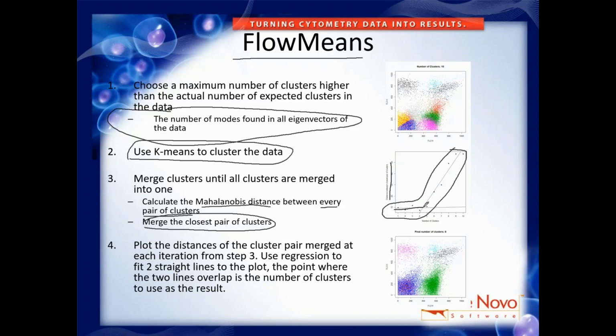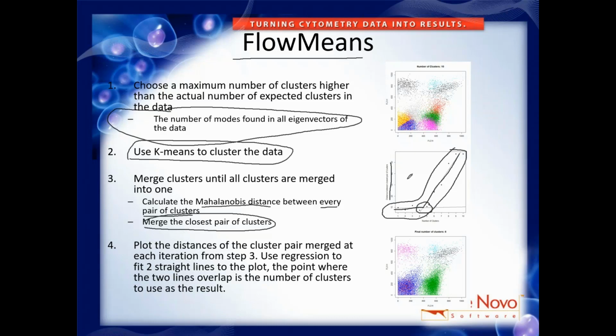And at some point, the idea is there's going to be an elbow, okay? And the number of final clusters, that is the quote unquote correct number of clusters, is somewhere at the elbow. All right, so there's a lot of fancy math that goes on, but conceptually it's a really, really straightforward process.